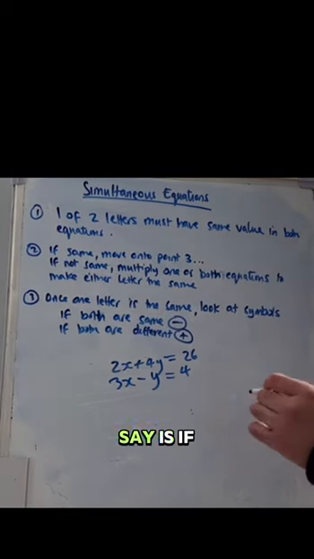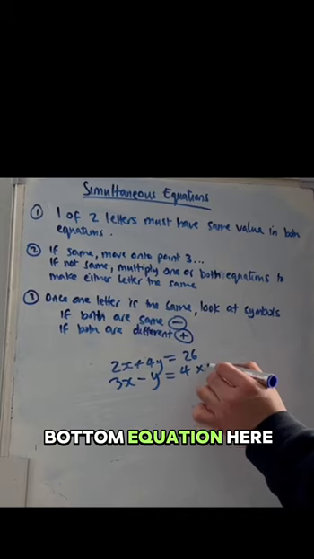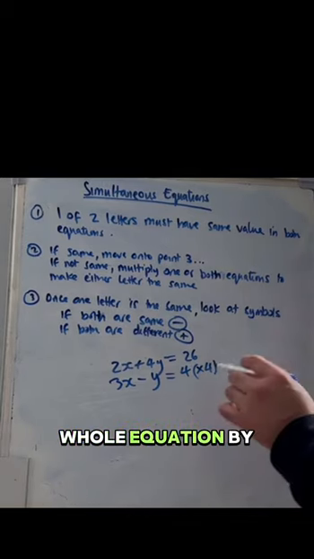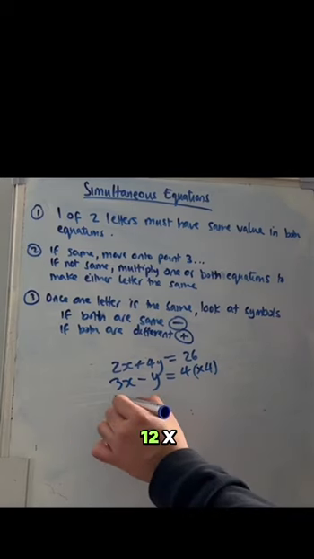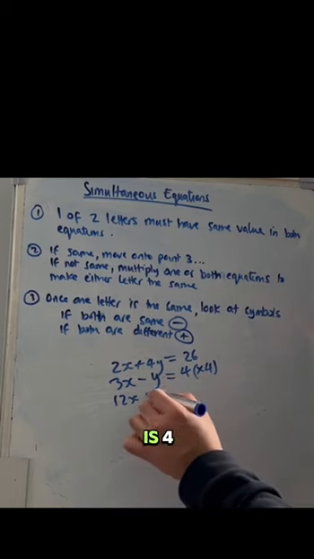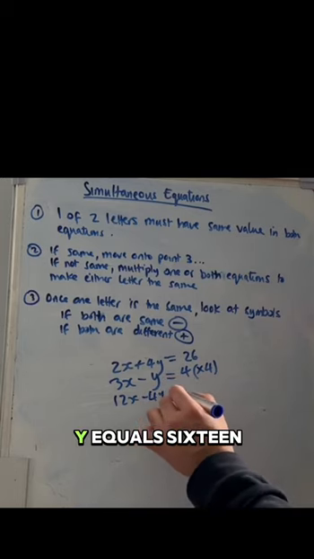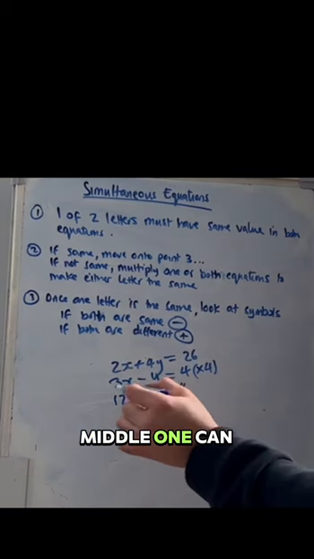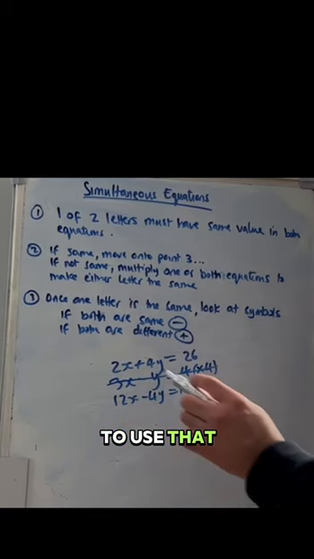If I times the bottom equation by 4, I have to times the whole equation by 4. So that becomes 12x minus 4y equals 16. Now the middle one can be eliminated, we don't need to use that.